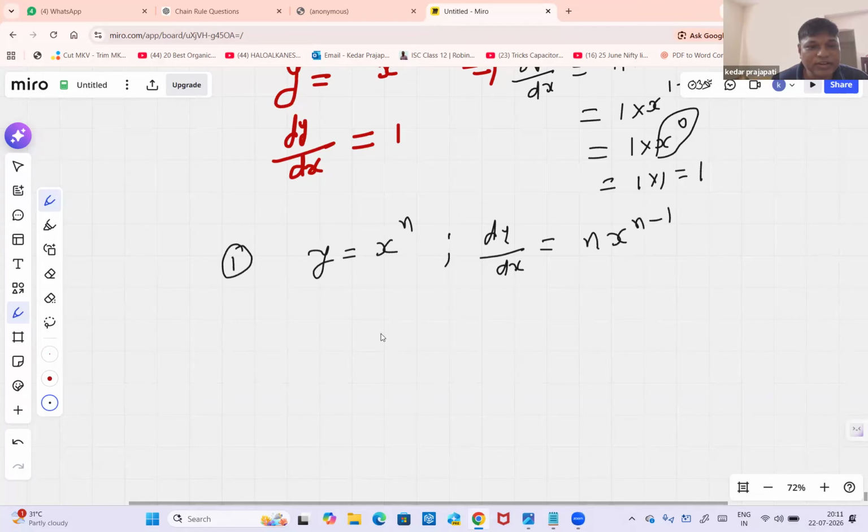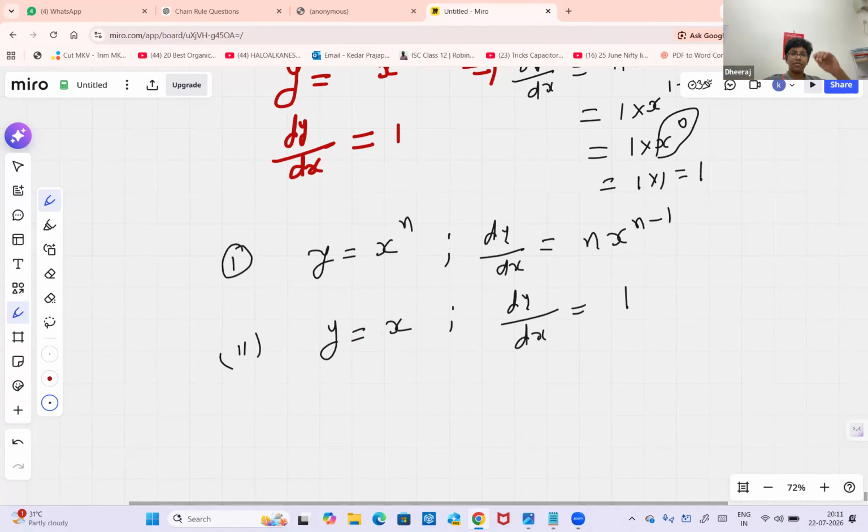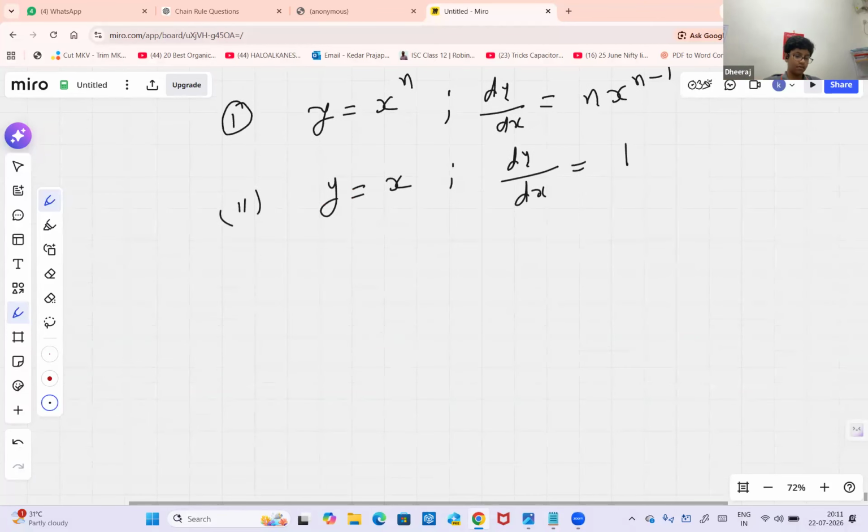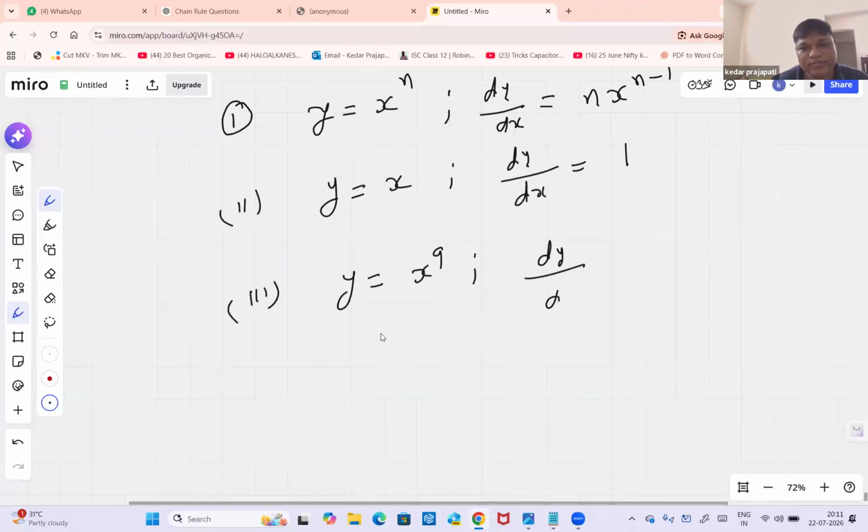Second, if y equal to x, dy by dx is 1. Third thing, y equal to x to the power 9, then dy by dx is equal to 9x to the power 8.